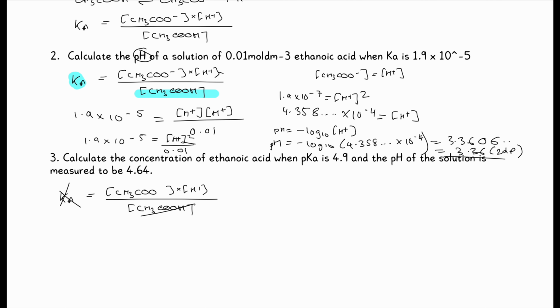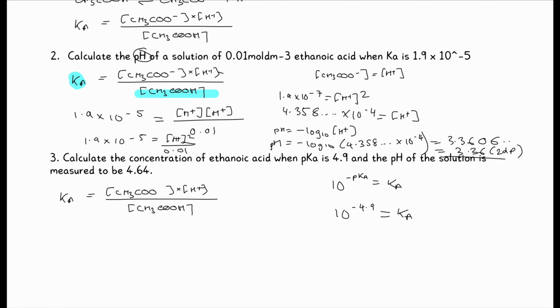But what we can do is figure out the Ka value, and the hydrogen ion concentration as well. All you have to do is use the inverse functions. Remember, the inverse function of pKa is 10 to the minus pKa, and that will give us our Ka value. So 10 to the minus 4.9 is my Ka value.